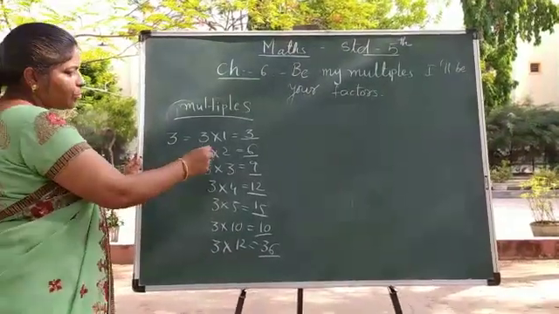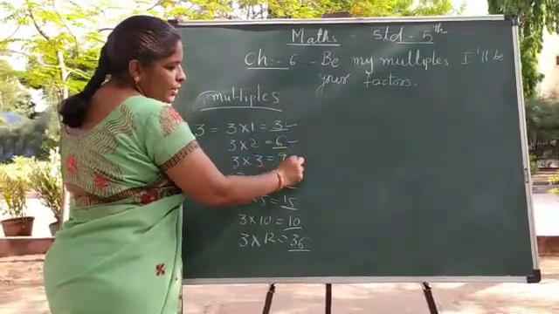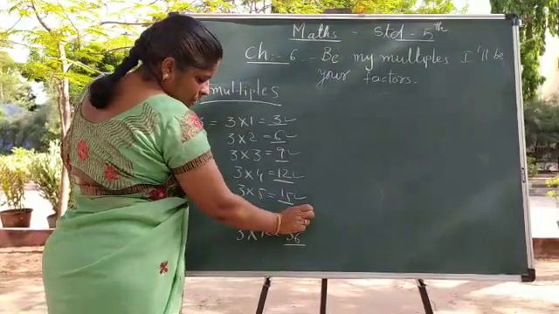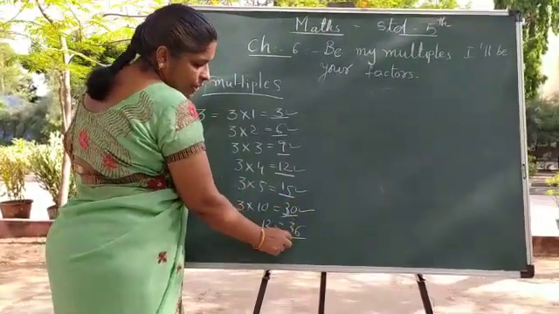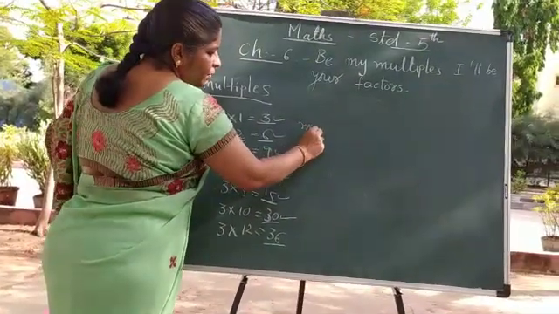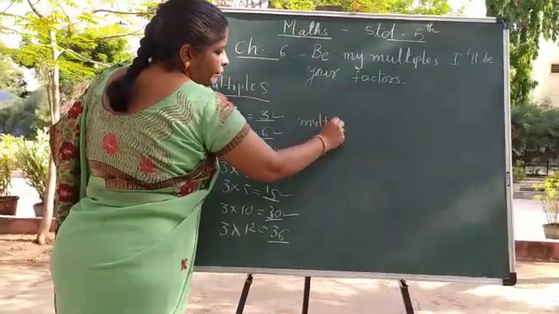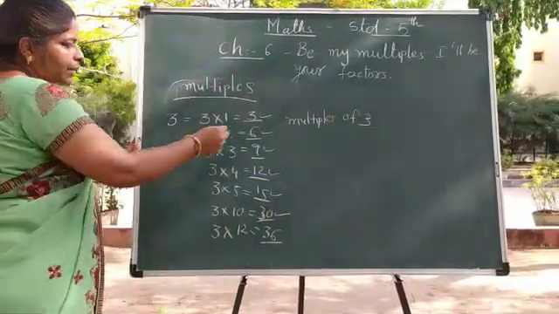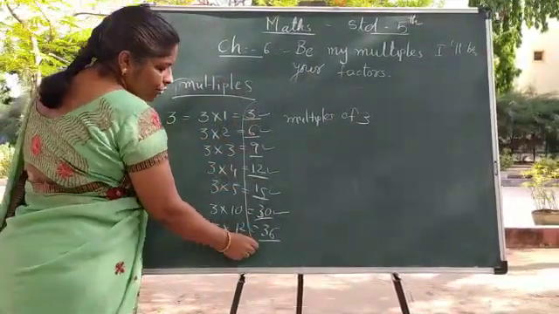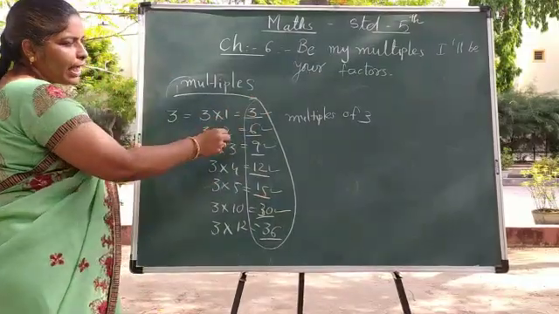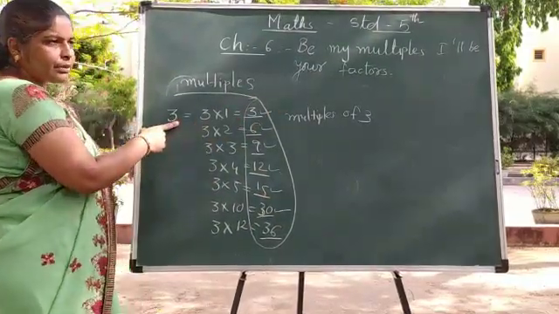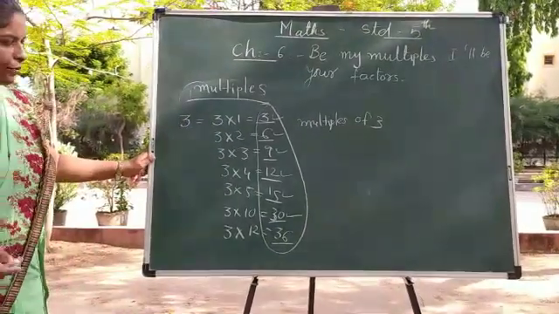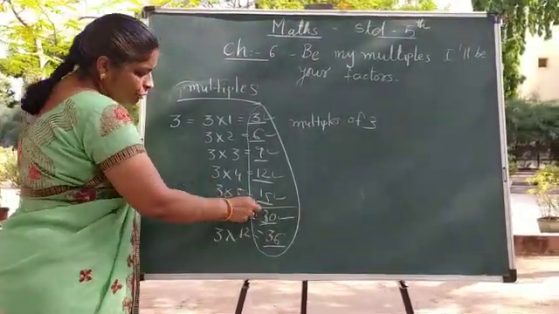Here you can say 3, 6, 9, 12, 15, 30, 36 are the multiples of 3. That means the table of 3, and the answers you are getting, the products, are the multiples of the given number 3. If it is asked to write the first 5 multiples of 3, then you have to write only up to 5.